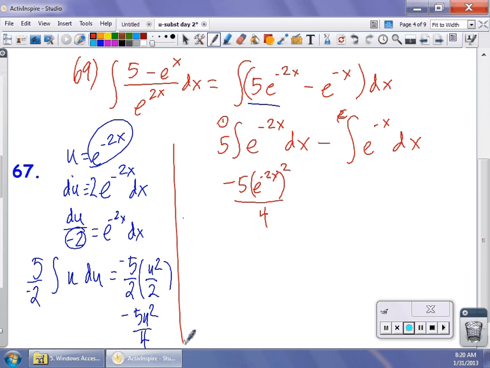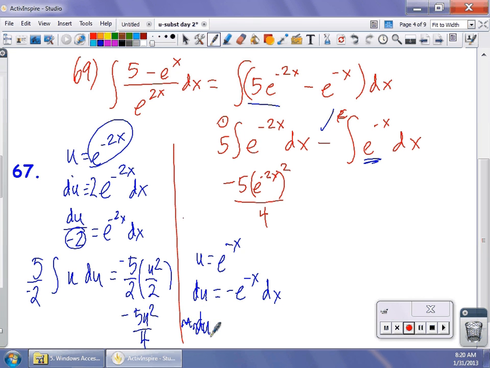All right, now I'm going to do the u substitution for the second term. So in that one, I'm going to let u equal e to the negative x. du is equal to negative e to the negative x dx. I don't need that negative, or actually I do, it's sitting right there, so I'll keep that.